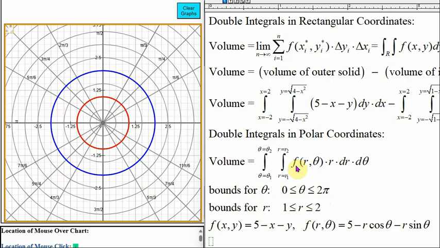And so f of r theta will be 5 minus... recall that f of xy was 5 minus x minus y, and x is equal to r cosine of theta in polar coordinates, and y is equal to r sine of theta in polar coordinates.